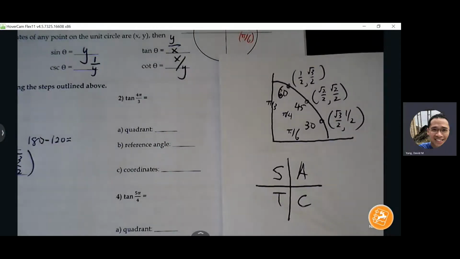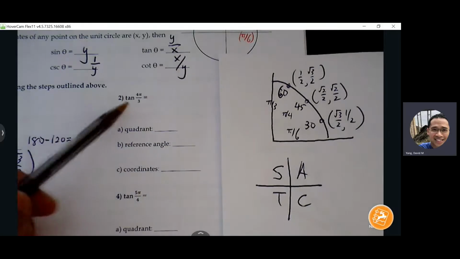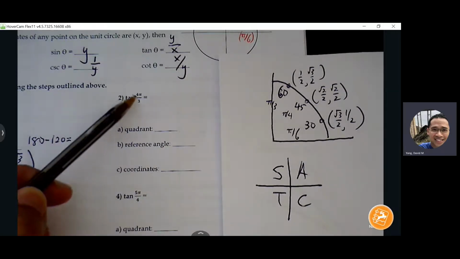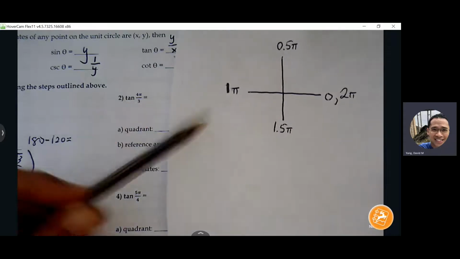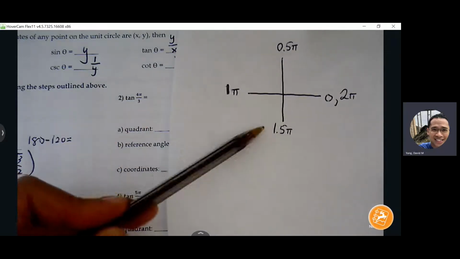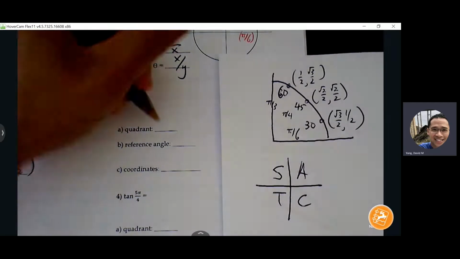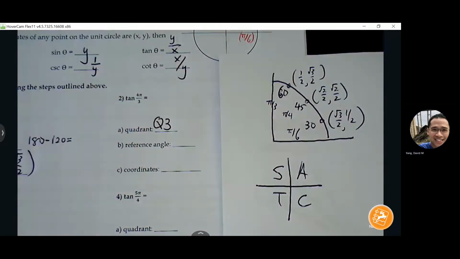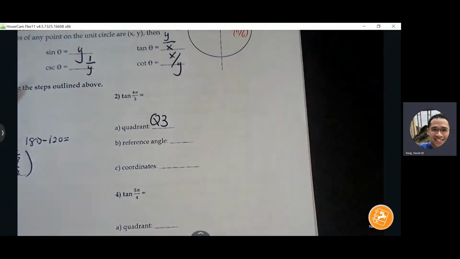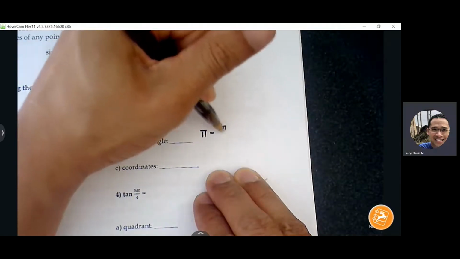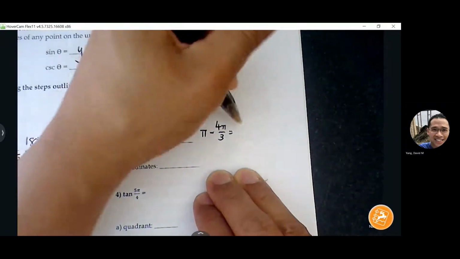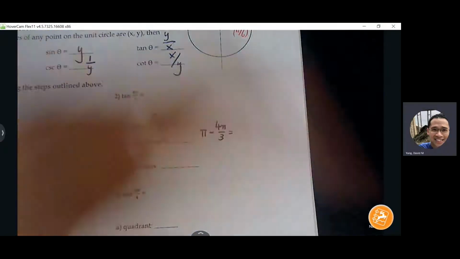Okay, number 2, tangent of 4 pi over 3. Look at that fraction, 4 over 3. Is that less than 1 or greater than 1? Greater than 1, so which quadrant is that in? Third quadrant, right? It's between 1 and 1.5, so you know it's in the third quadrant. In the third quadrant you have to involve pi, so I do 4 pi over 3 minus pi.